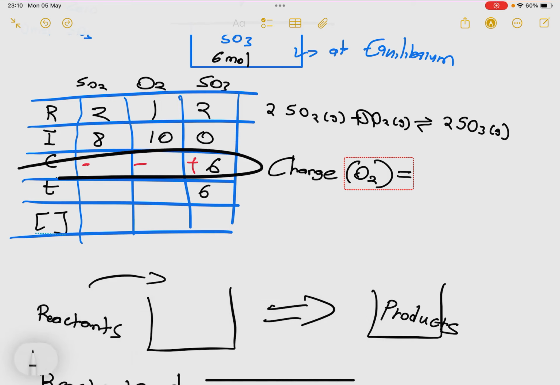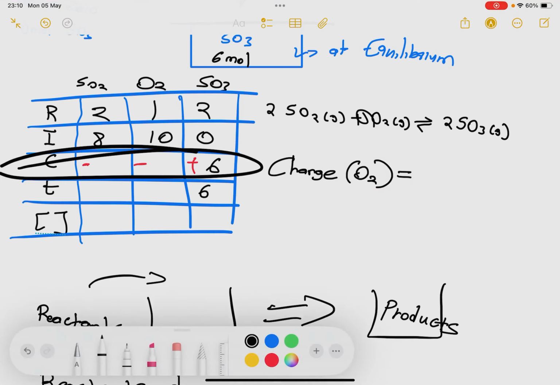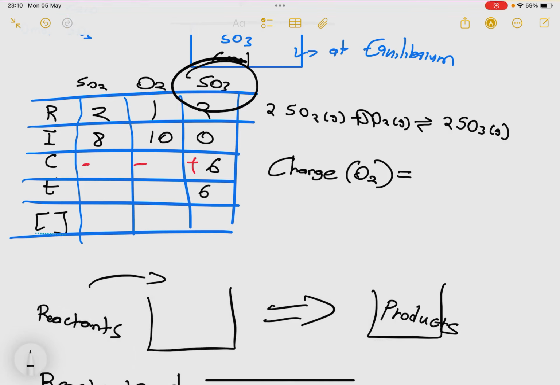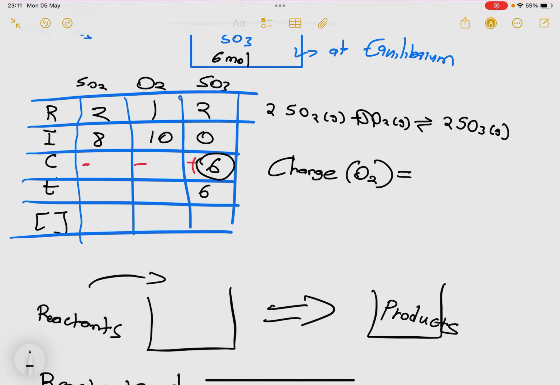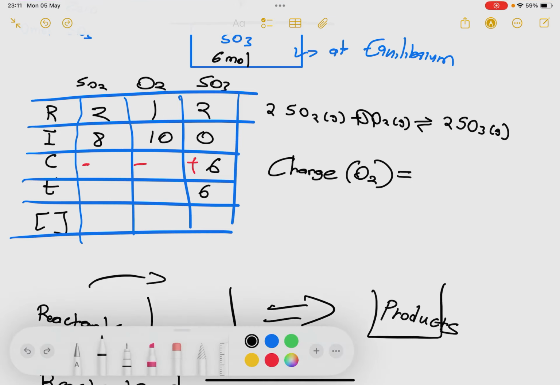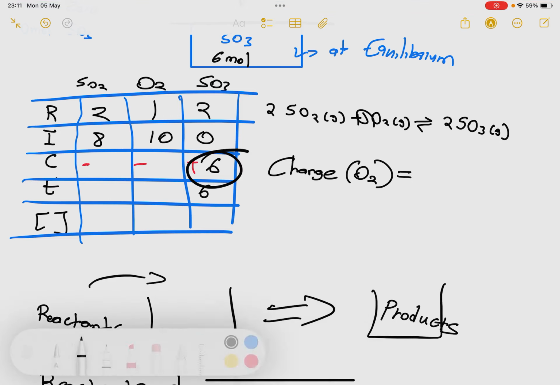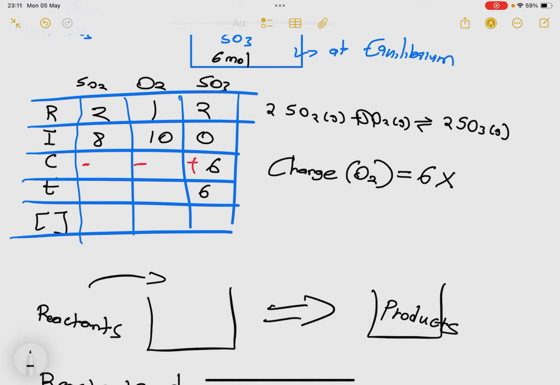You want to focus on everything that's on the change. You only focus on the digits on change. So now, what do you have? You have got SO3, right? On change, on SO3, I've got 6. So I'm just going to say 6 multiplied by.